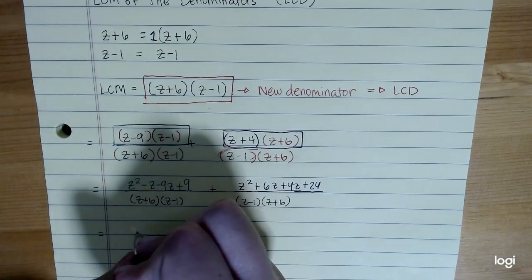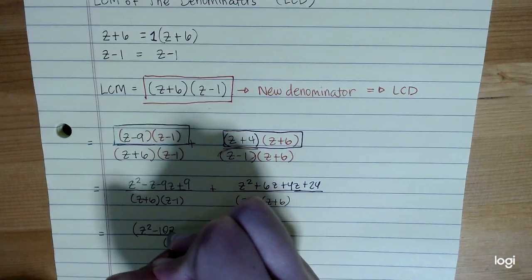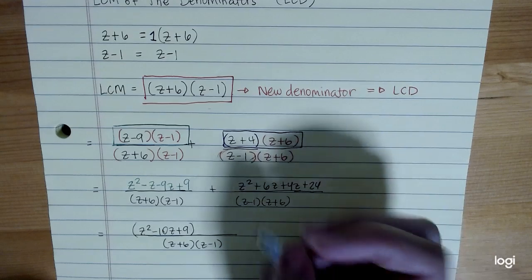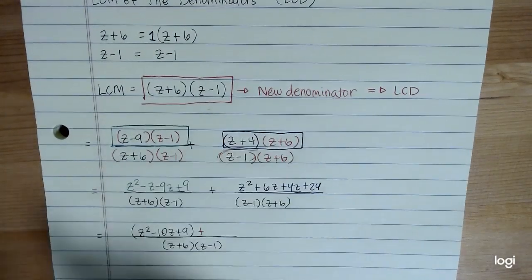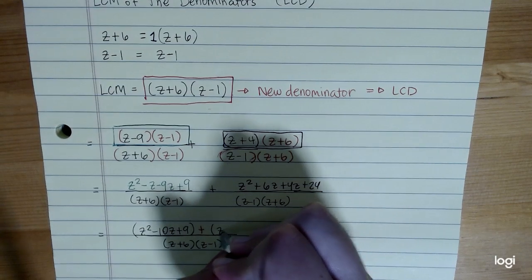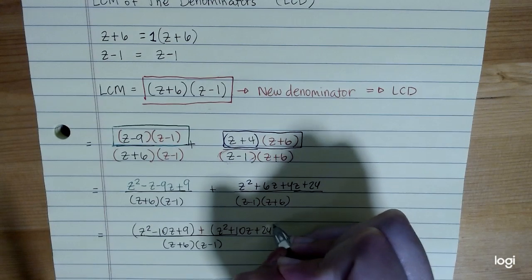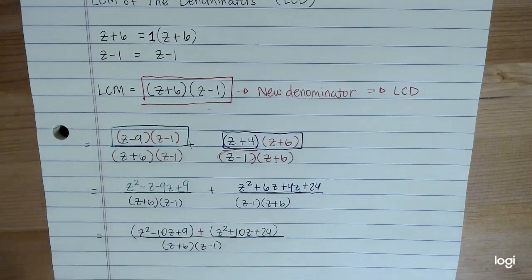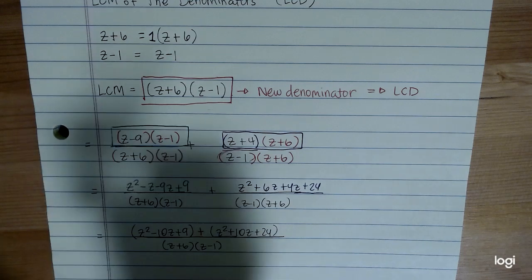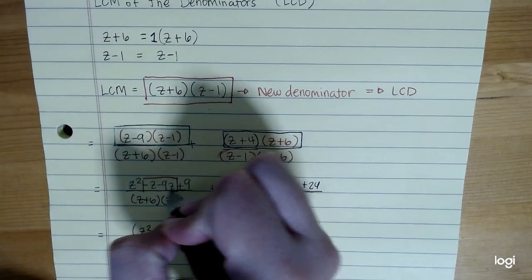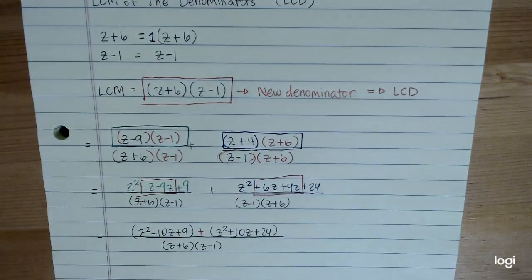So I've got z squared minus 10z plus 9 from the first numerator plus z squared plus 10z plus 24 from my second numerator. And if you notice, I simply simplified those middle terms in the next step.